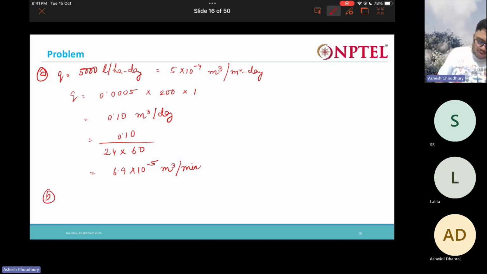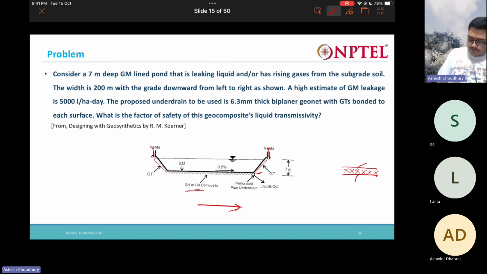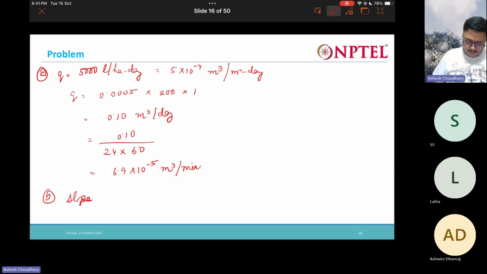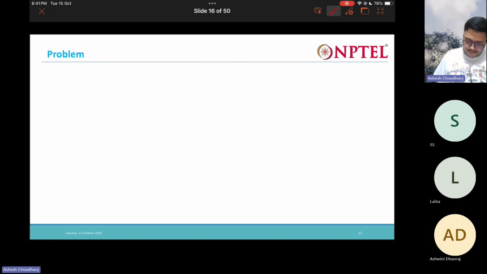Now, what is the slope that is given? The gradient of flow given is 0.5%, which is nothing but 0.05. Then we write the flow equation: Q is K I A. How can we write the area?